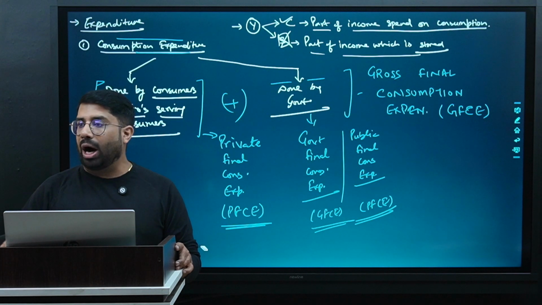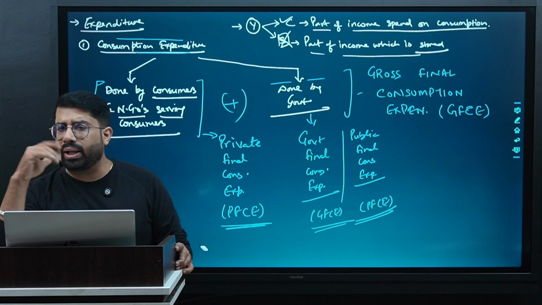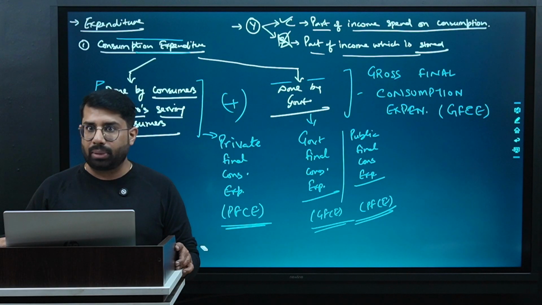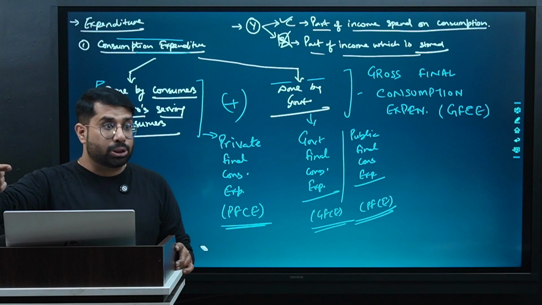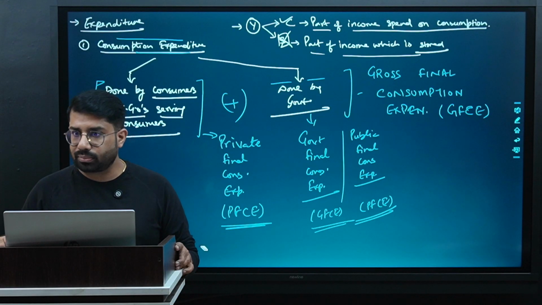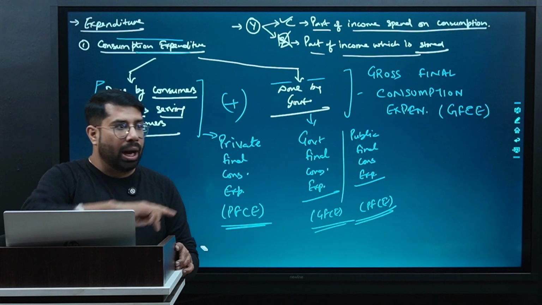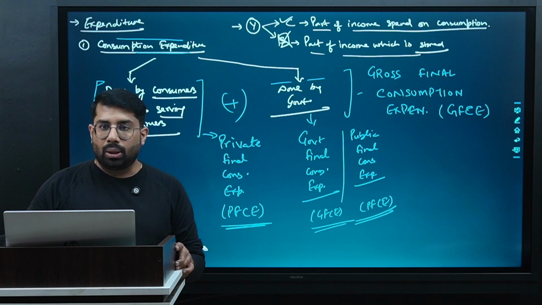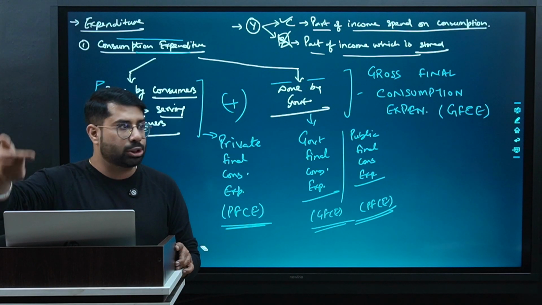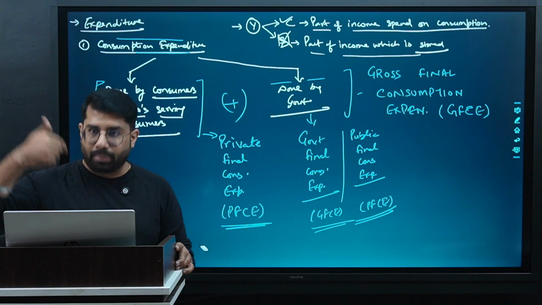Sir, in 1 year, how many students do you teach, on average? I teach around 10,000 students, for example. It means 10,000 people are spending money and paying you 10,000 rupees each. So the other way to identify my income is to see how many people are spending money to take my services.